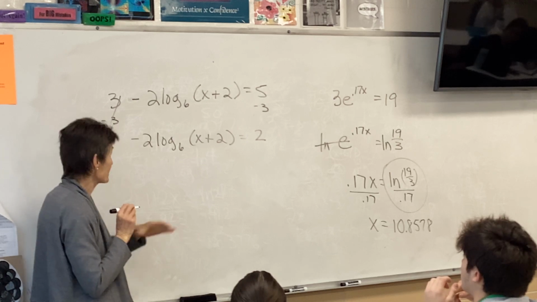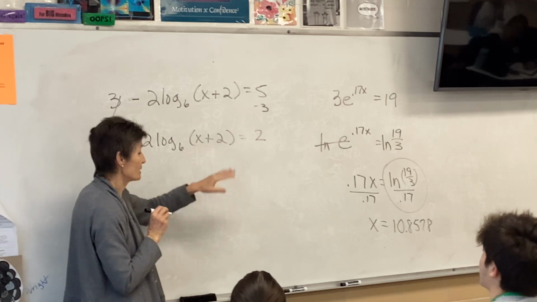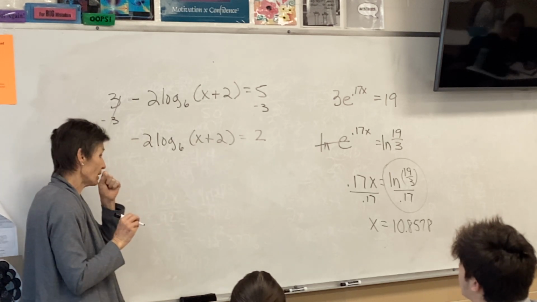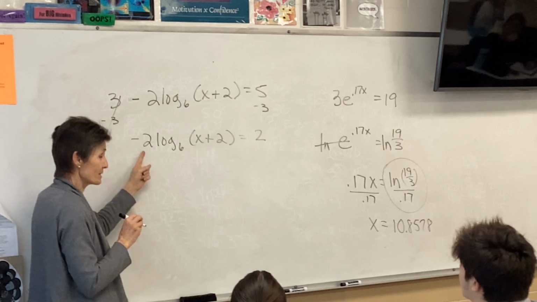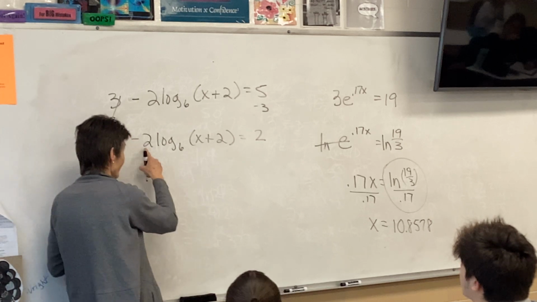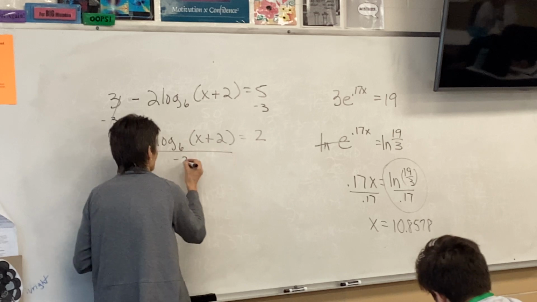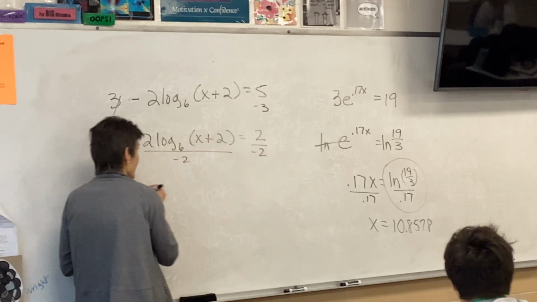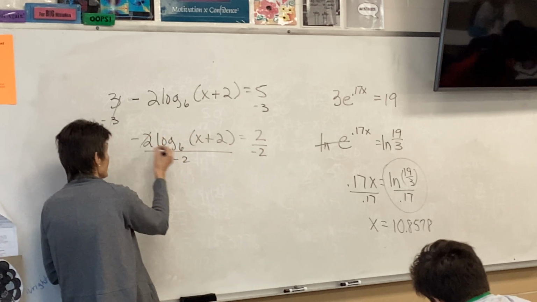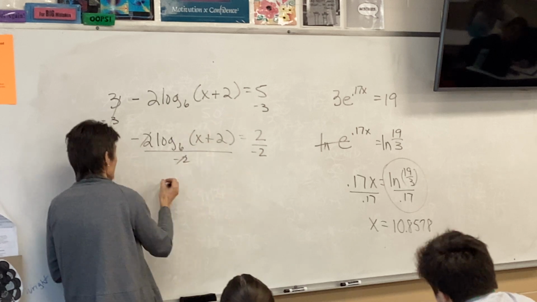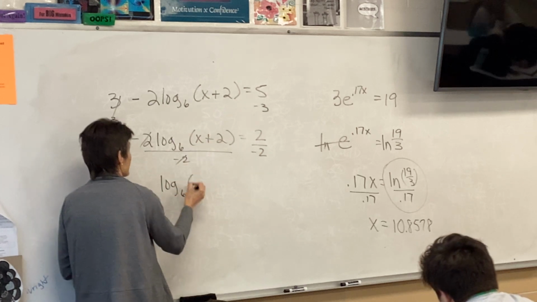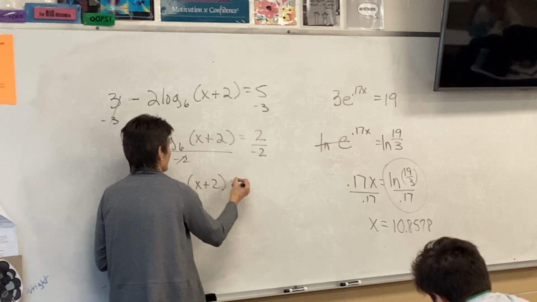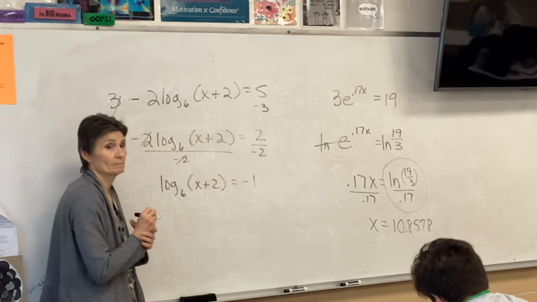Oh, no, this isn't distribute ever. Never gonna distribute. We're gonna do what Jared suggested. Now I'm gonna divide this number out, and when I divide it out, this part doesn't change. So this is log base 6 of x plus 2 equals negative 1.